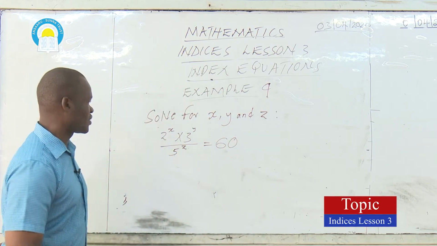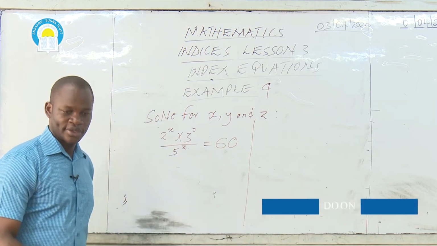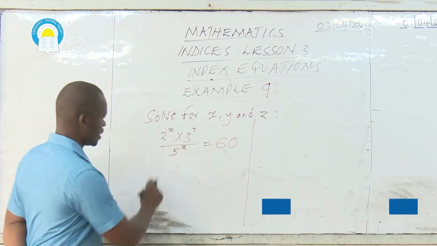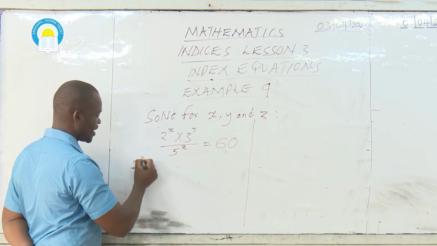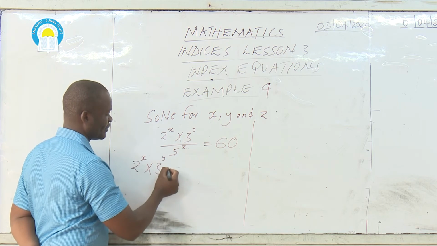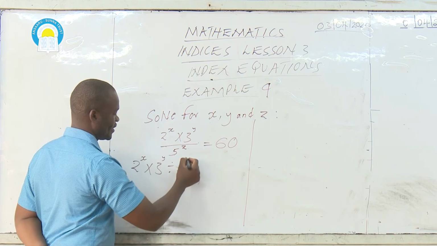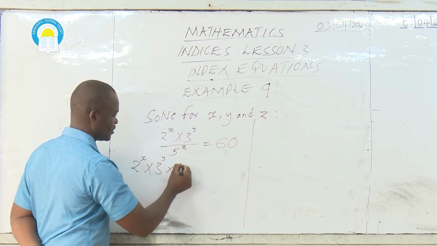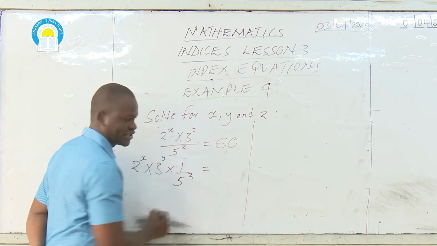So how do you approach this? We are saying a similar approach to the question you have done previously. So I will have this one modified to 2 power x times 3 power y, and of course we divide by 5. Or let me make it simpler: times 1 over 5 power z.